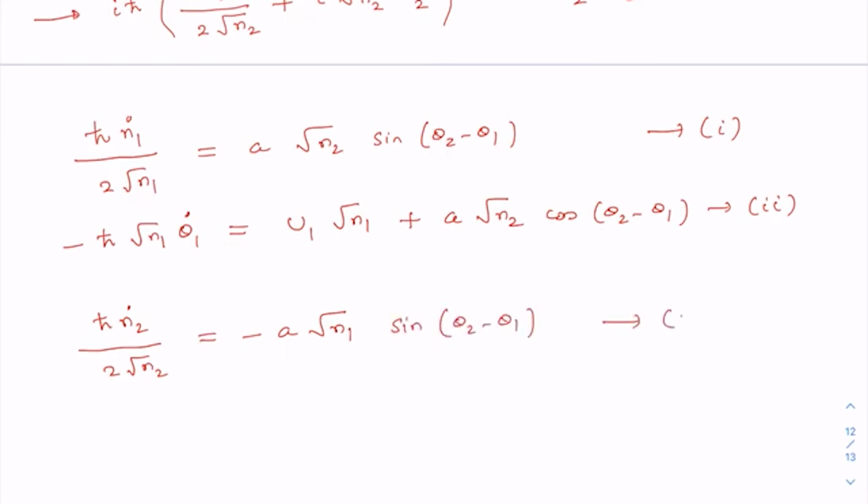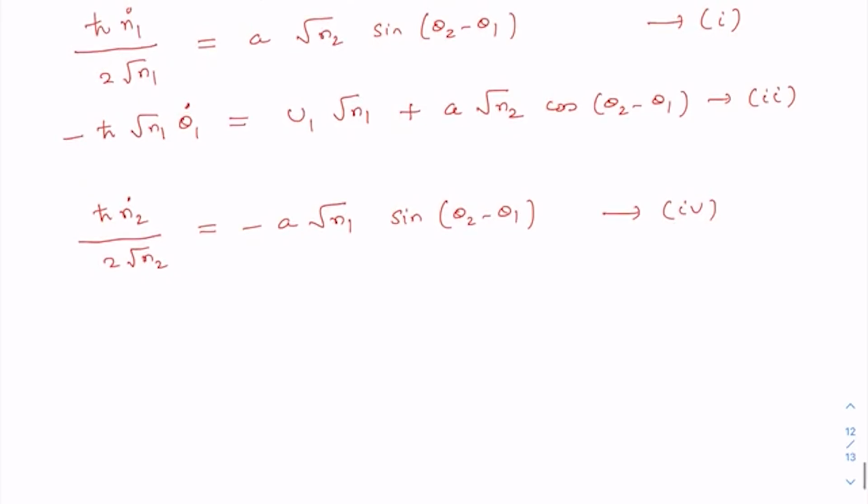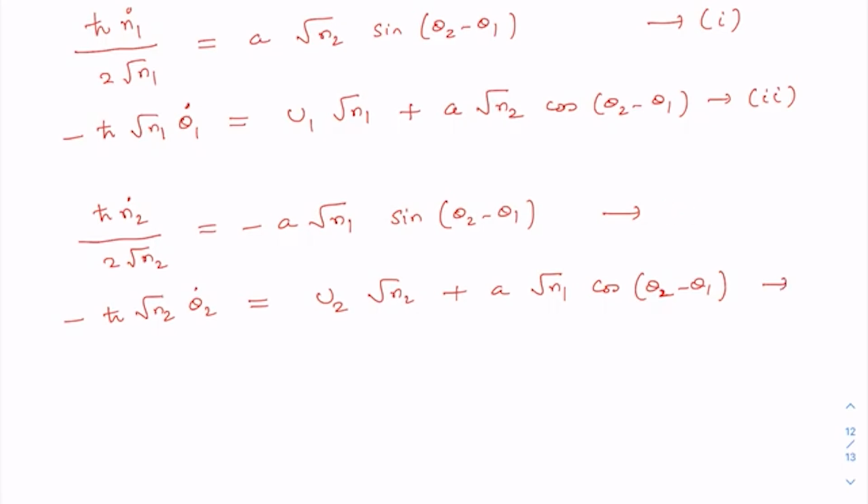Say this is my equation number 4, and then I will get minus ħ square root of n2 θ2 dot is equal to E2 square root of n2 plus A square root of n1 cos(θ2 minus θ1). Let's say this is my equation number 3. This is equation number 3 and this is my equation number 4.